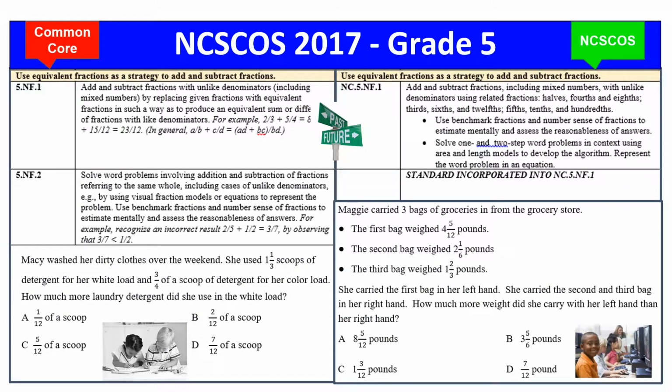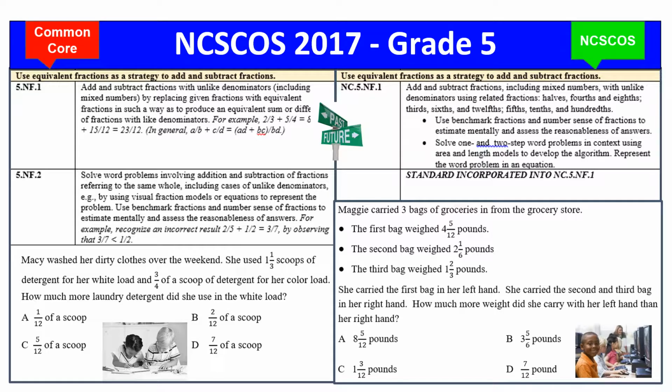5.NF.1 and 5.NF.2 have been combined into NC.5.NF.1. An important change to keep in mind is that students are no longer expected to add fractions and mixed numbers with unlike denominators when both fractions and mixed numbers need an equivalent fraction in order to add or subtract. Now, only one of the fractions will need to be rewritten as an equivalent fraction in order to add or subtract the two fractions.